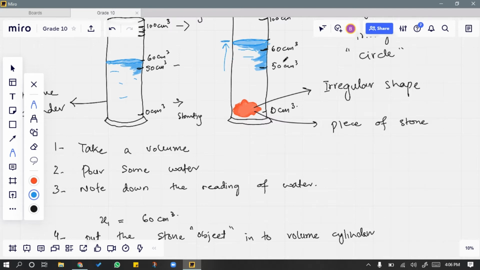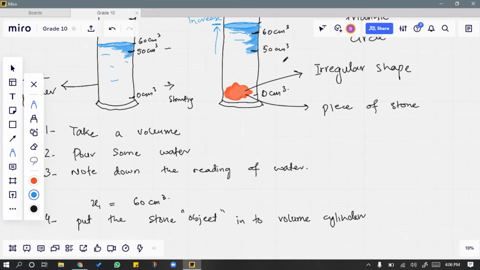This increase in water level is because of the extra volume we put into the cylinder, and that extra volume is the stone. So now when we put the stone in, the level goes up and you have to take the reading again.